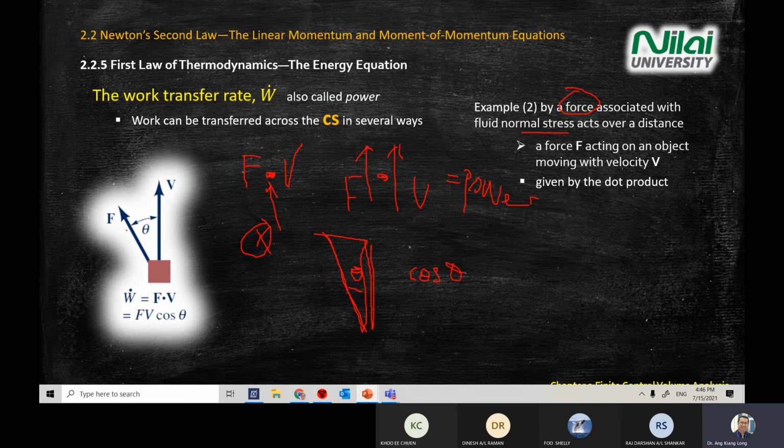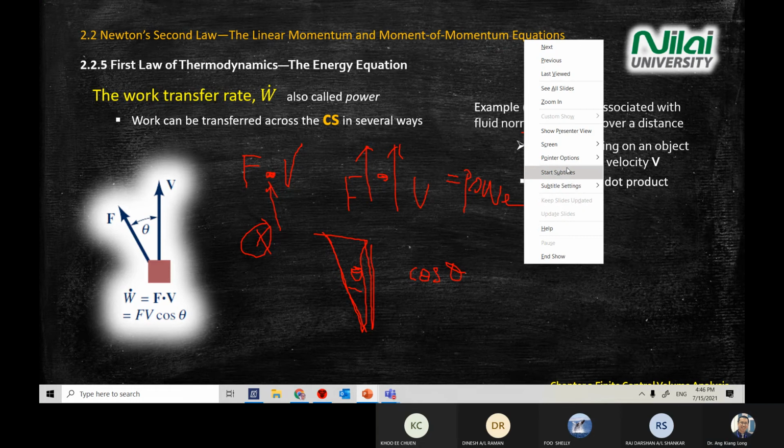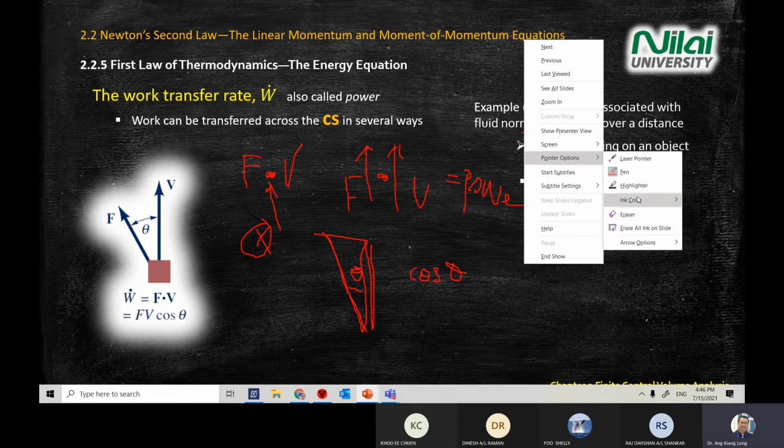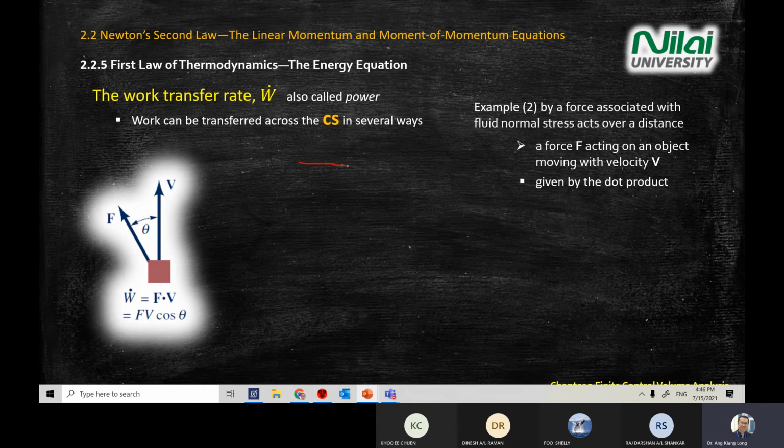So you are converting the force into the velocity dimension. I'm drawing the diagram one more time. This is your force. This is your velocity. Again, to make the effect of force times V to get the power, both must be in the same direction to get power.